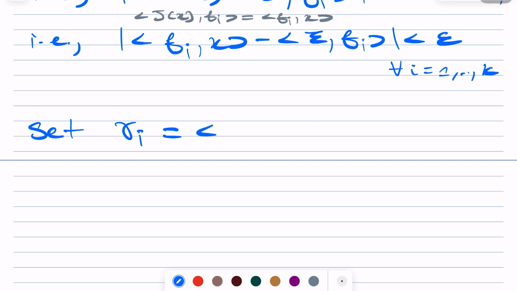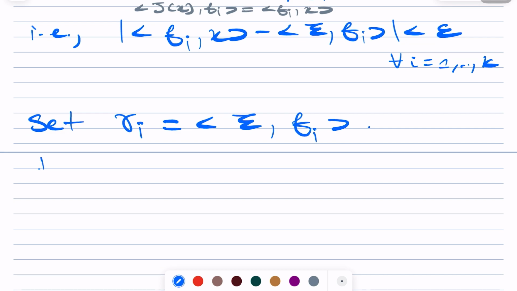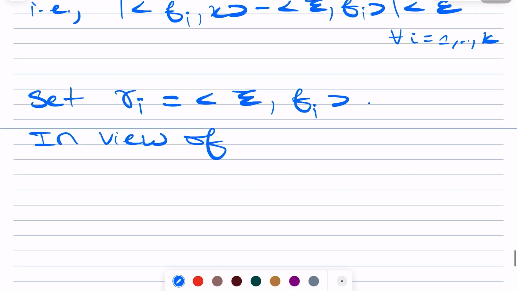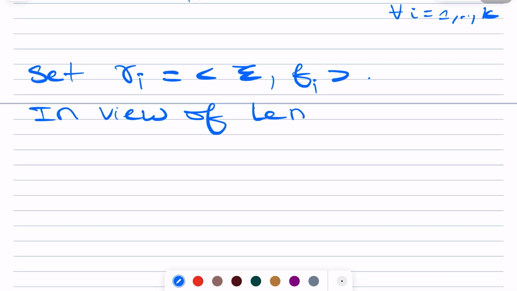Set gamma i to be this duality pairing between xi and fi. Again, in view of Lemma 3.3, that was actually Helly's Lemma, let me highlight that, just the previous lemma that we just proved.